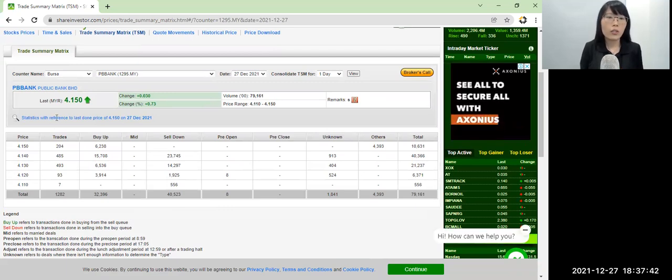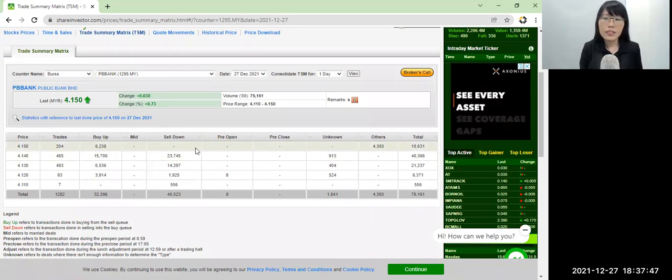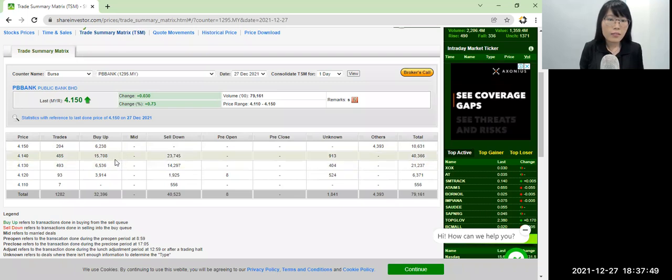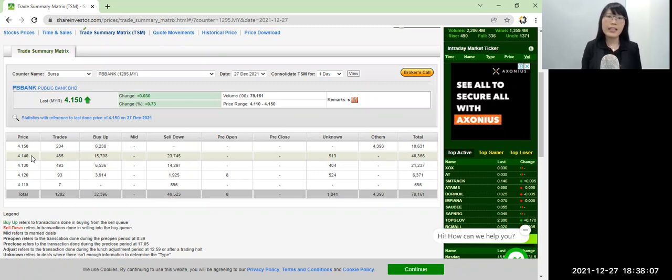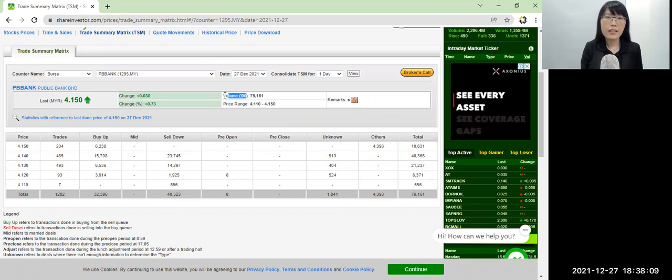Based on this, we can see there is a large sell down volume compared to buy up volume at 4 ringgit and 14 cents. So we can identify that 4 ringgit and 14 cents is the resistance for Public Bank. The number is in lots, because we can see there are 2 zeros behind the volume.